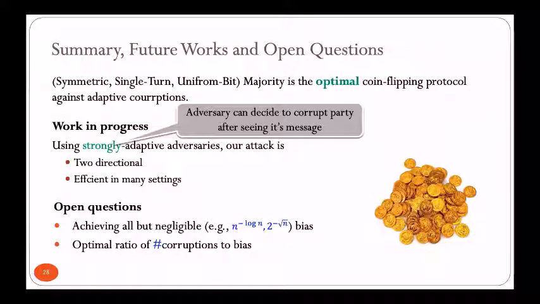The current approach is very simplistic in the sense that you saw all the tools we used. They're really not that complex. We only talked about expectation and variance, and thus we can't achieve an optimal result. And we heavily rely on the fact that we completely bias the protocol. In order to achieve a constant bias, this is possible, and I think it's possible even with square root n corruptions exactly, for sure in the strongly adaptive case.